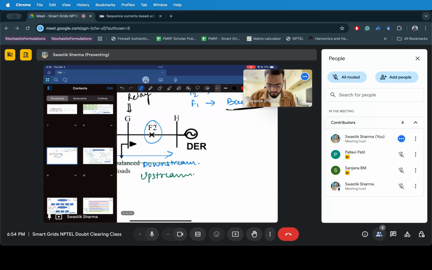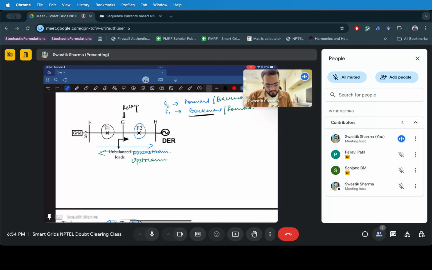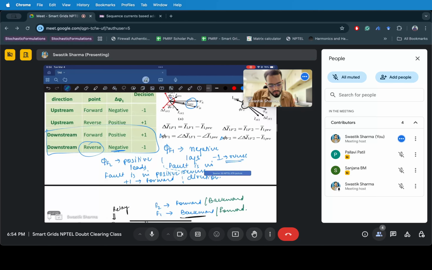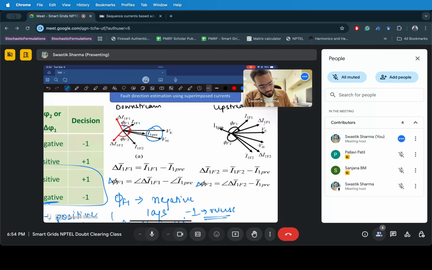When it's in the upstream direction, we know F2 is a backward fault and F1 is a forward fault. So we check this delta IF1 with respect to I1P, whether it is leading or lagging.